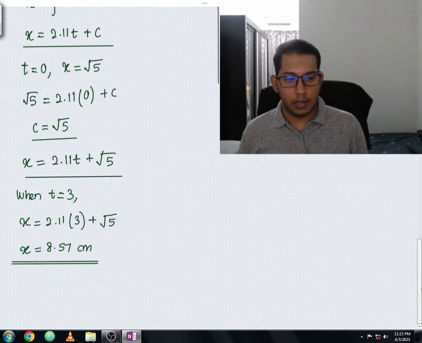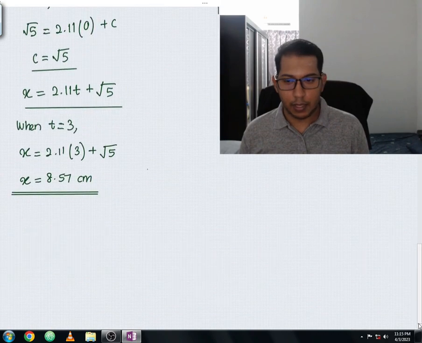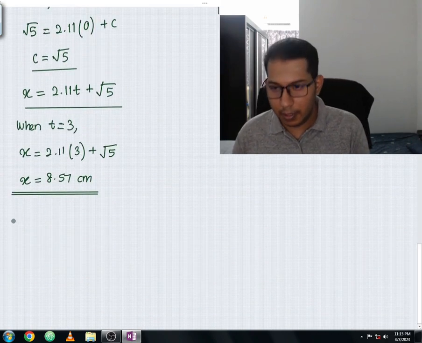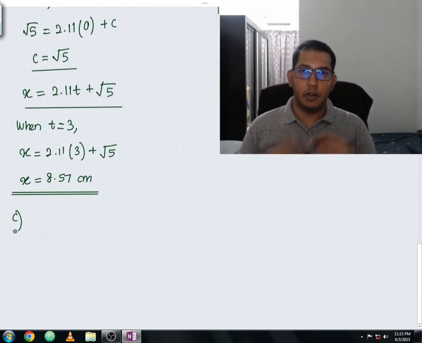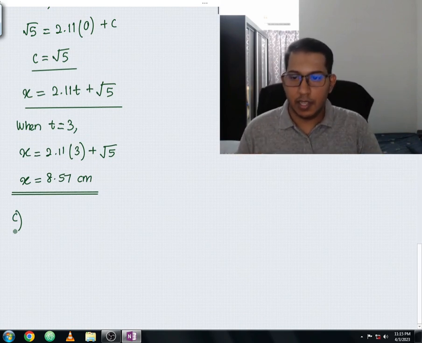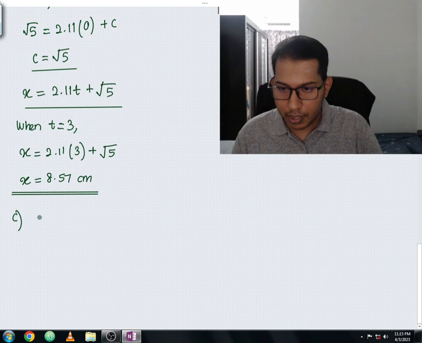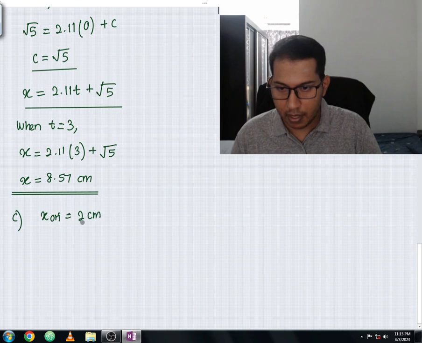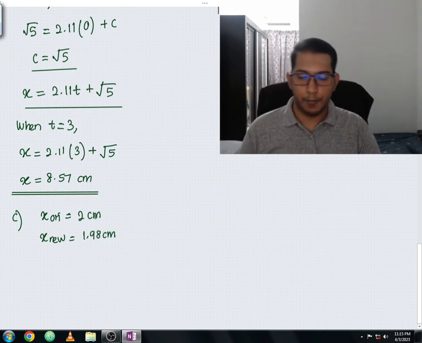Let us proceed to our last question, which is part C, where we're going to apply the small changes and approximation concept. In the question they already gave us the original x, which is 2 centimeters, and the new x value, which is 1.98 centimeters.